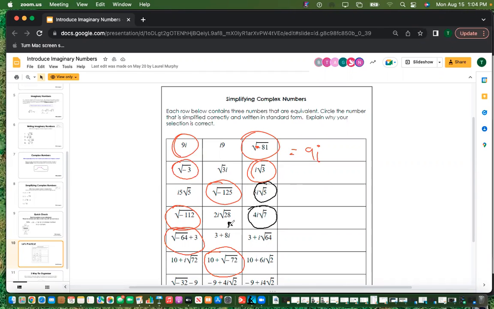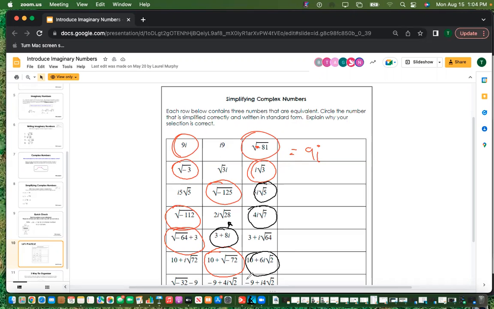If you put this one, that's close, but you can simplify it even more. The next one is going to give me 3 plus 8i. On the next one, that's going to give me 10 plus 6i square root of 2.